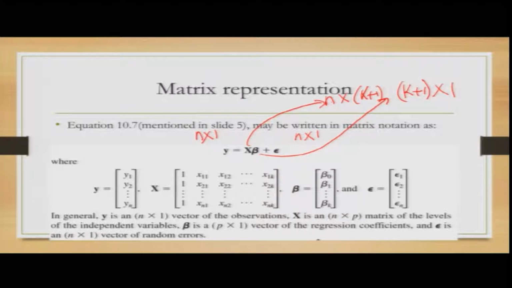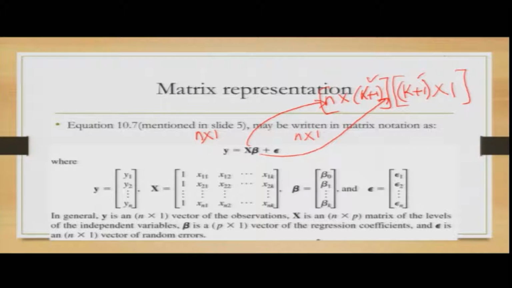So, n cross k plus 1 into k plus 1 cross 1. So, obviously, this and this would vanish, and in the end you have n cross 1 for the terms x into beta also.